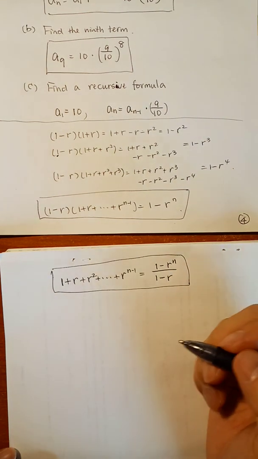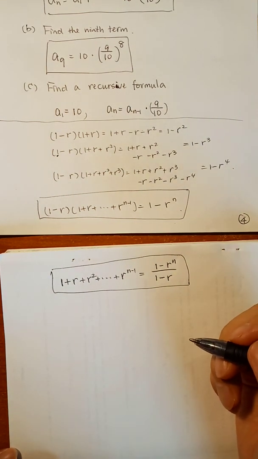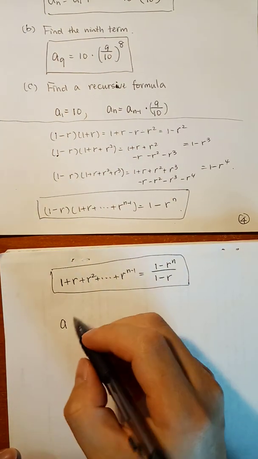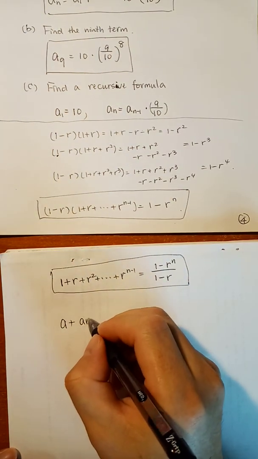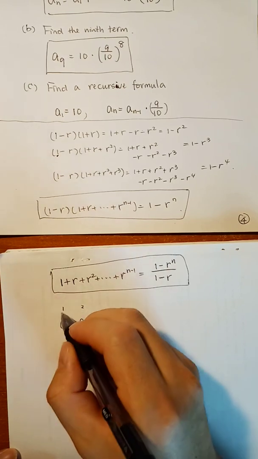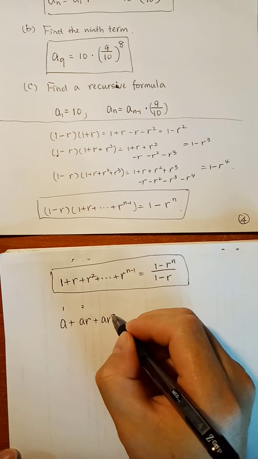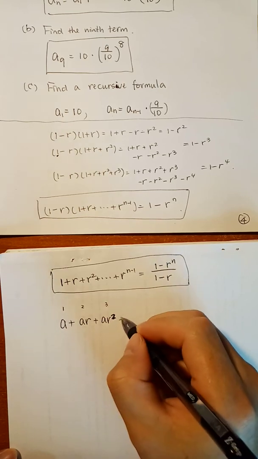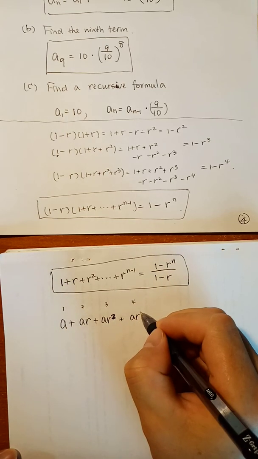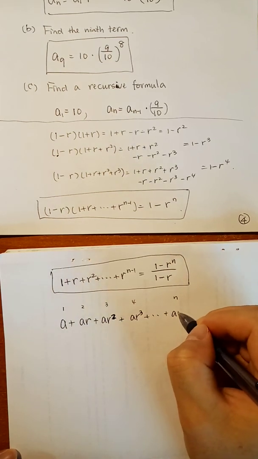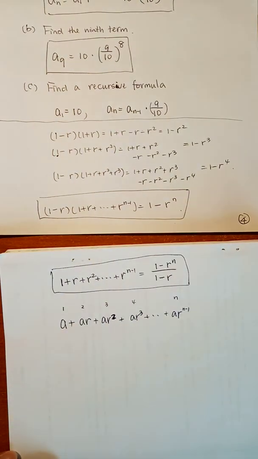Okay, now let's see, how do we add the first n terms of a geometric sequence? First, a. Second, ar. Let's label. Third, ar squared. Fourth, ar cubed. Nth, remember we know the nth, ar to the n minus 1. We want to add the first n terms of the geometric sequence.